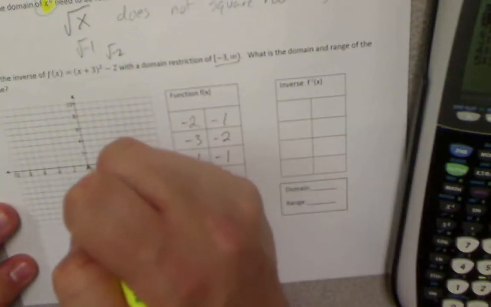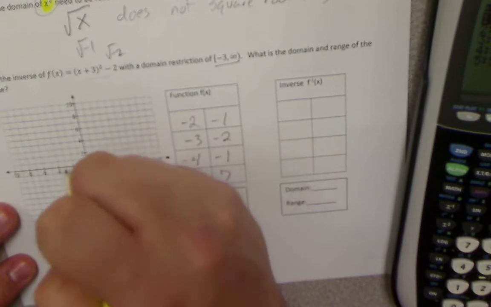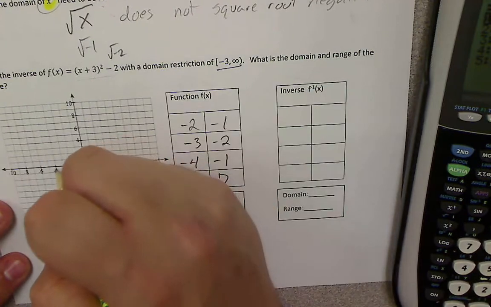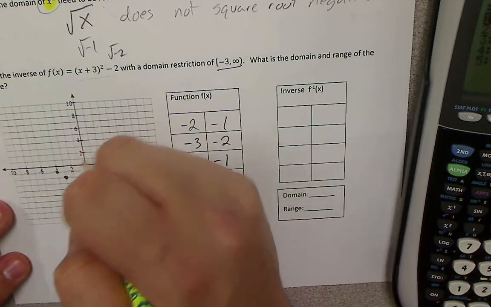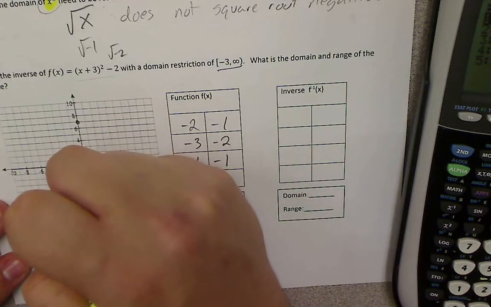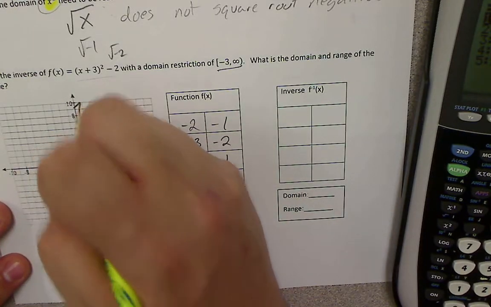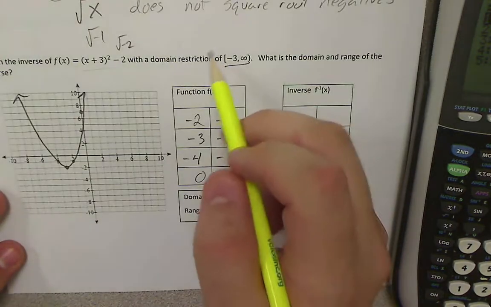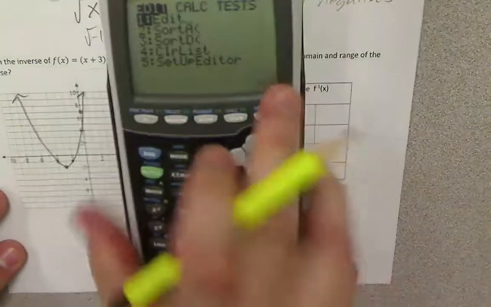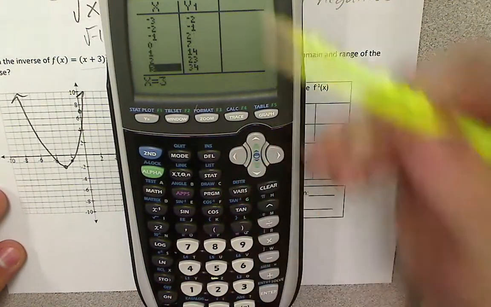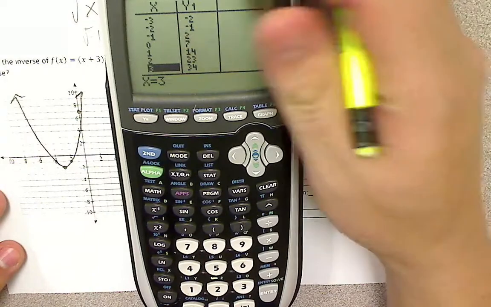So -3, -2 is right here. -4, -1, 0, 7 is somewhere up here. -2, -1 is right here. So the first graph looks like this. Okay. But I'm going to restrict its domain to -3 to infinity. And what that means is if I go to my table, then the only thing I'm going to look at is just this part of the graph right here, this side.